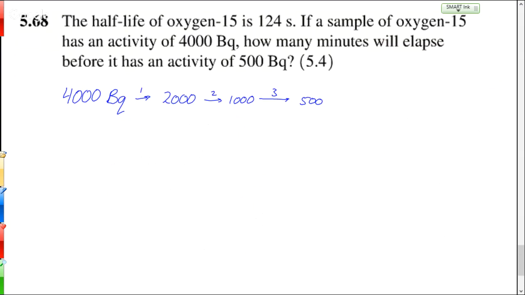All right, so we got from 4,000 to 500 in 3 times cutting it in half. So that means 3 half-lives. So that's 3 times 124 seconds, which would be 372 seconds, I think. And then we convert that to minutes by dividing by 60.